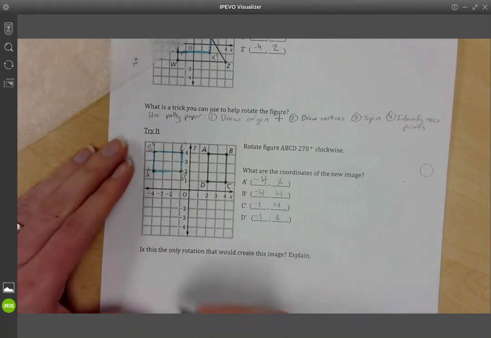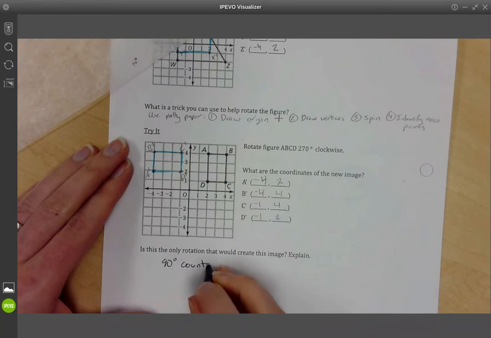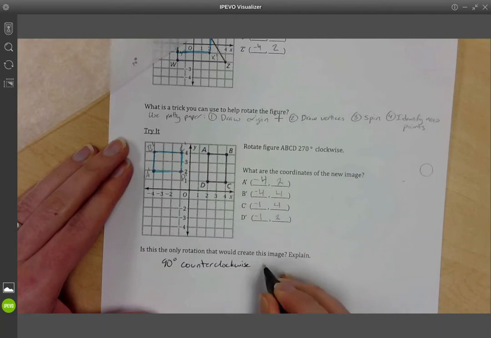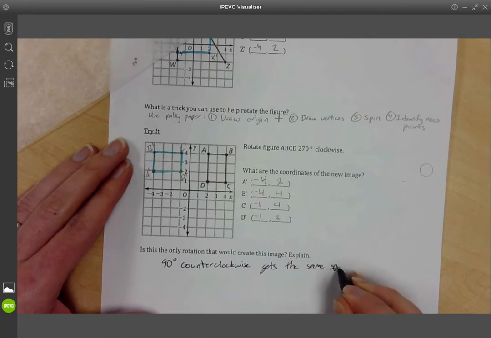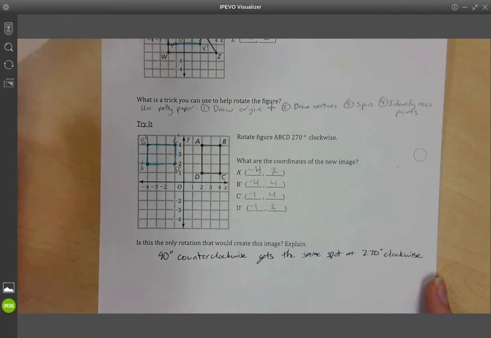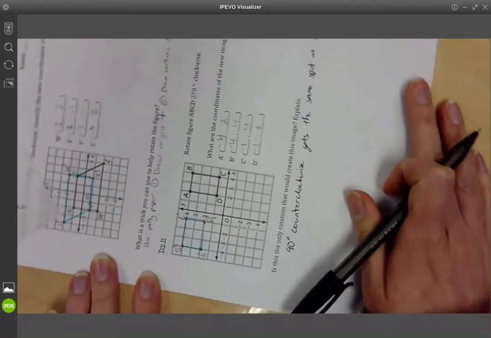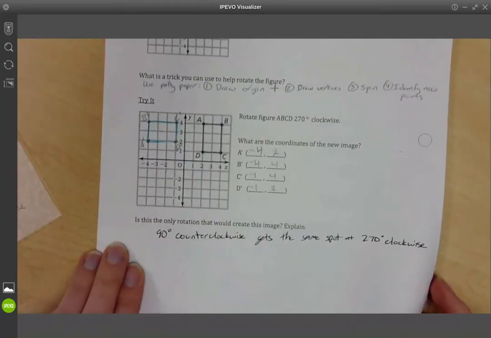No. We could also have done 90 degrees counterclockwise to get to that same spot. It gets to the same spot as 270 clockwise. Rotations, patty paper is option 1, or spinning your paper and reading your new coordinates as option 2.